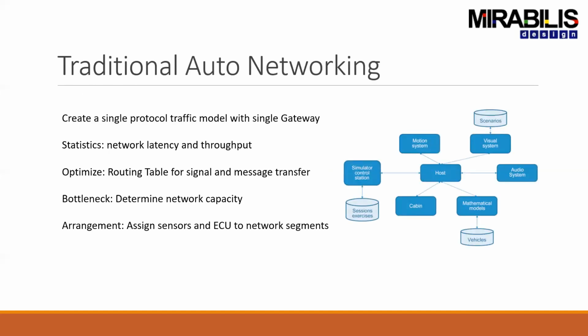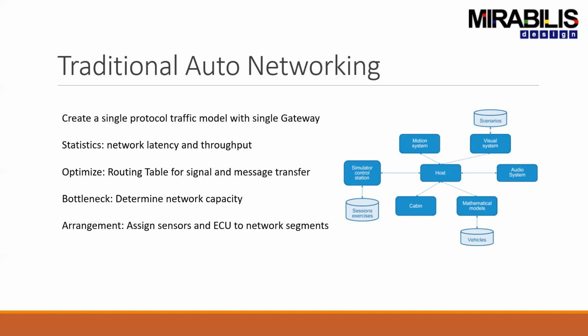Now, if you look at the traditional automotive network, typically they had one type of protocol, could be a CAN or maybe a FlexRay or LIN, with one or two gateways. So fairly simple, considered network latency and throughput for the purpose of assigning sensors and ECUs across the network segments.